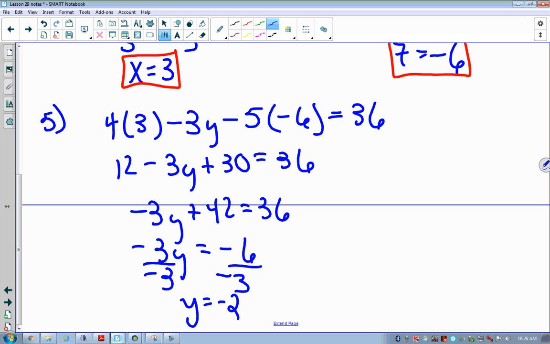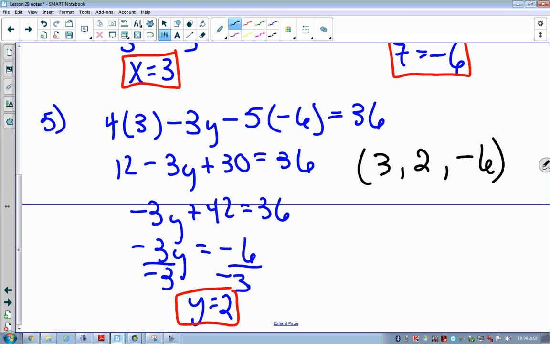Oh, so it is just 2. I'm sorry. Fix that. Y equals 2. All right, so the way that we're going to write this up is x, y, z. Okay, 3, 2, negative 6.